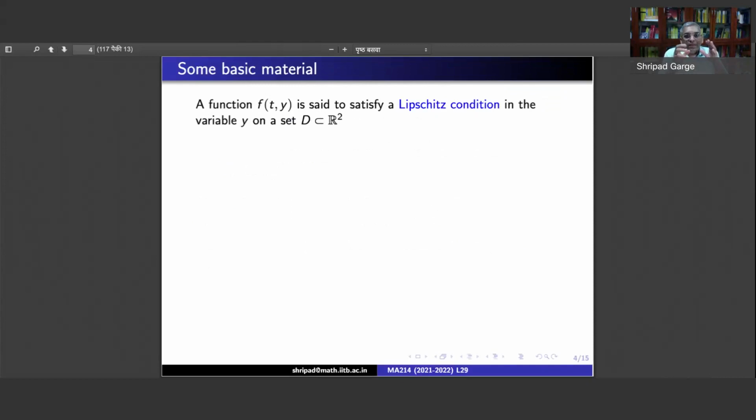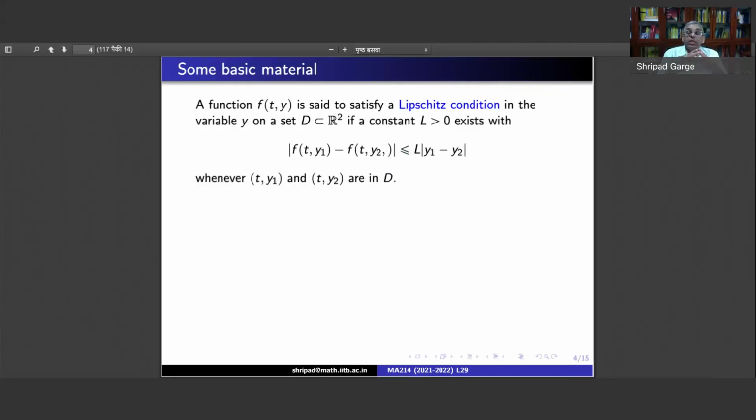Whenever we have a subset D sitting in R2, a subset of the plane, and a function f(t, y) defined on this subset, we say that this function satisfies a Lipschitz condition in the variable y if there is a positive constant L such that for every t, the absolute value of f(t, y1) minus f(t, y2) is less than or equal to L times the absolute value of y1 minus y2.